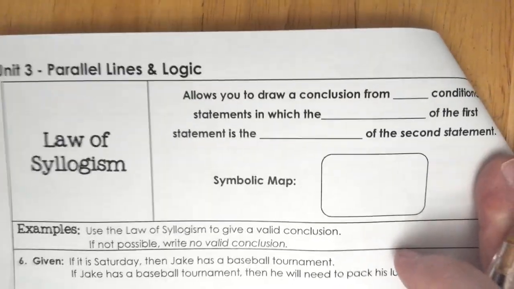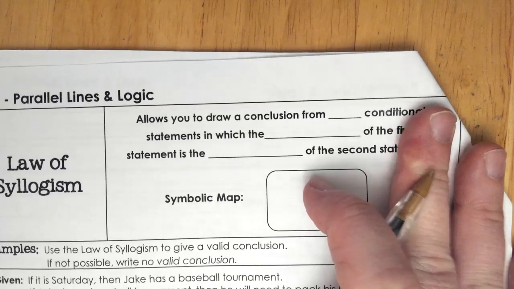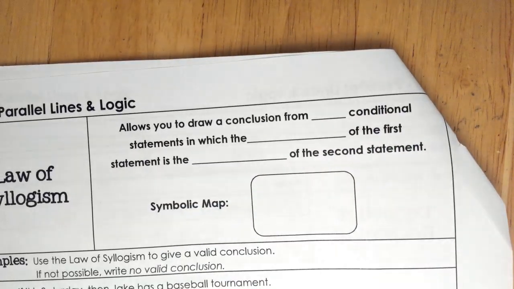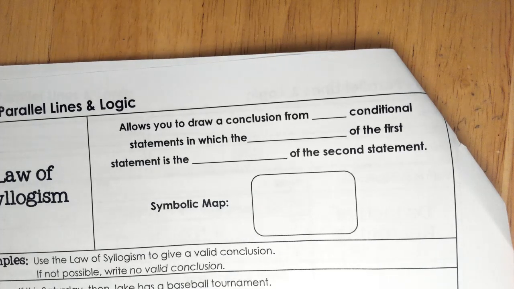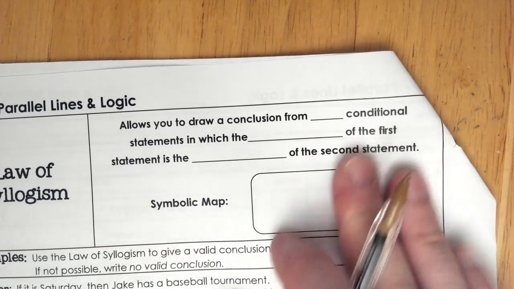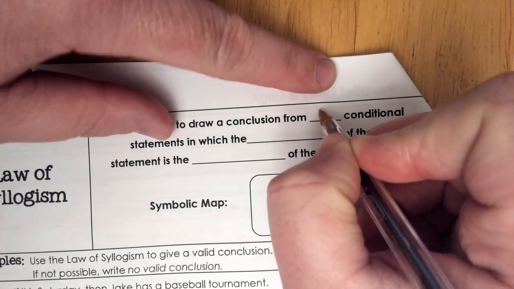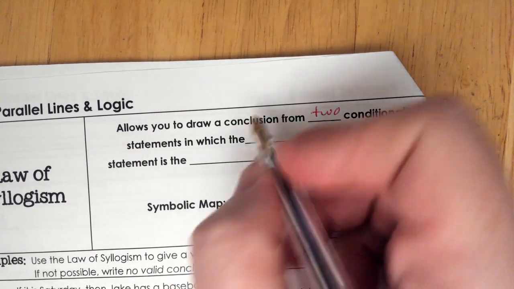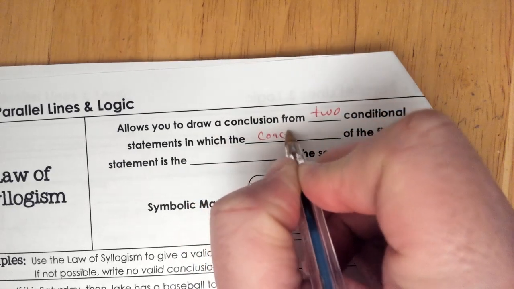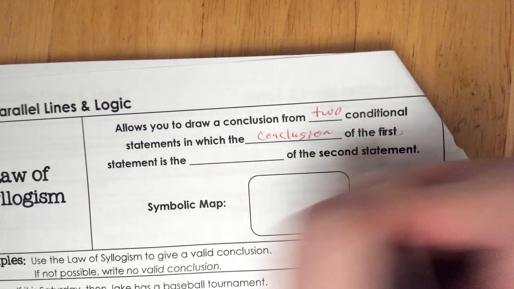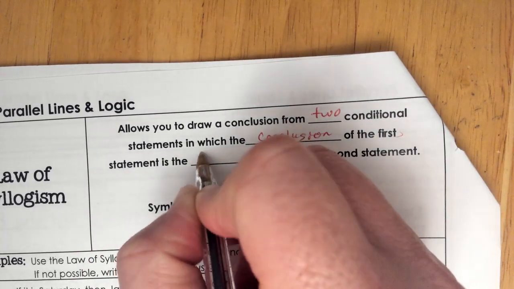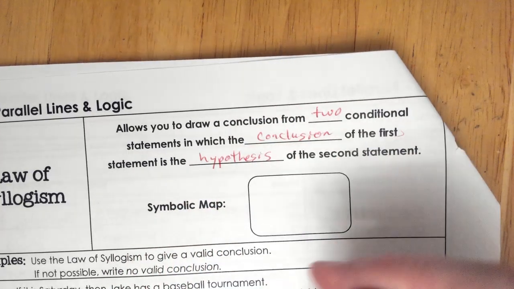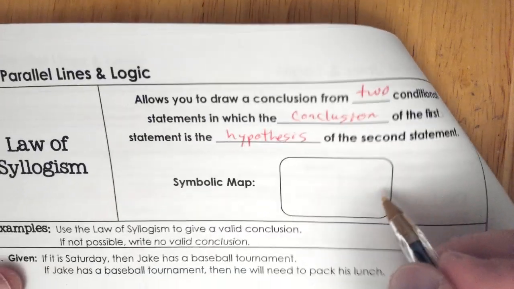All right, so now we're on syllogism. Syllogism allows you to draw a conclusion from 2 conditional statements in which the conclusion of the first statement is the hypothesis of the second statement. All right, so what does all that mean?